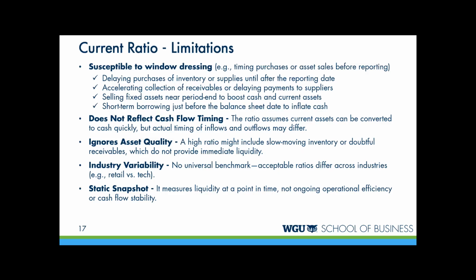They can delay purchasing inventory or supplies until after a reporting period date. They can accelerate the collection of receivables for specific purposes, or they can delay payments to suppliers. They can sell fixed assets just at the end of the period.